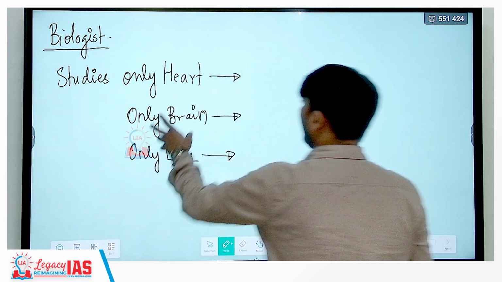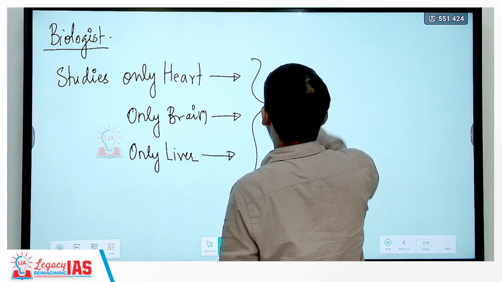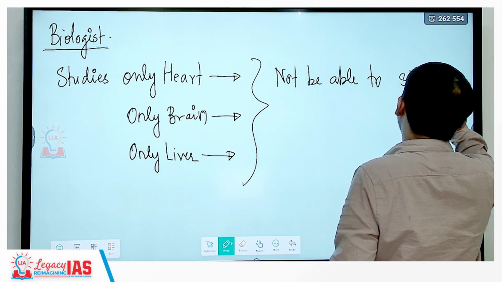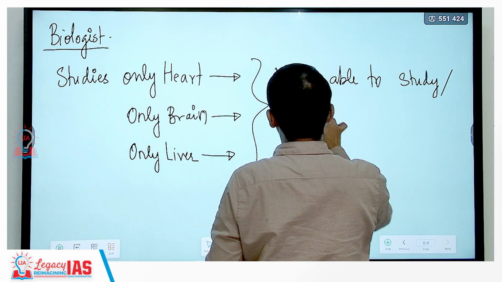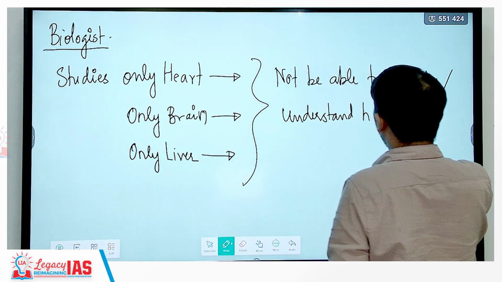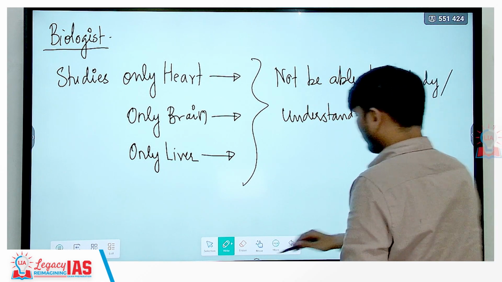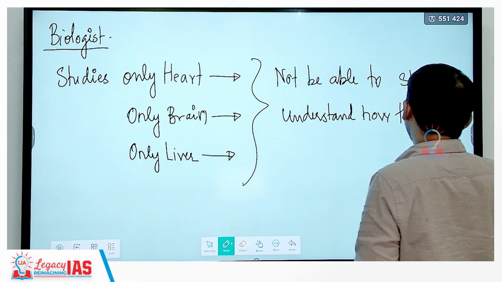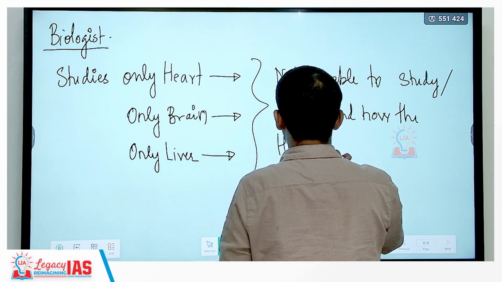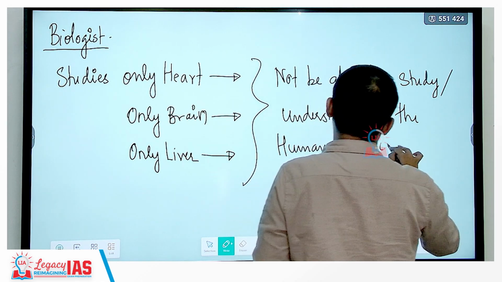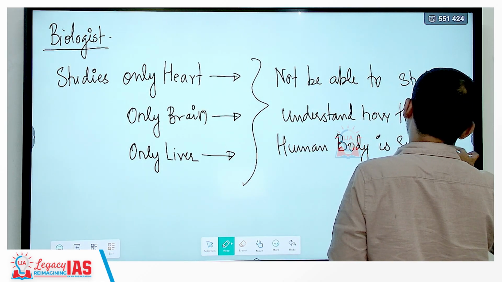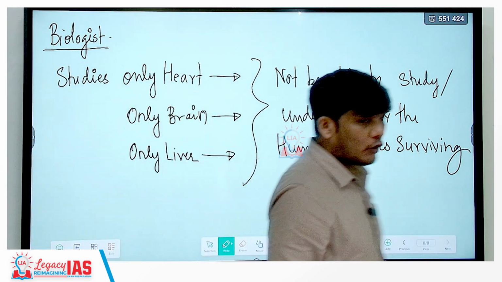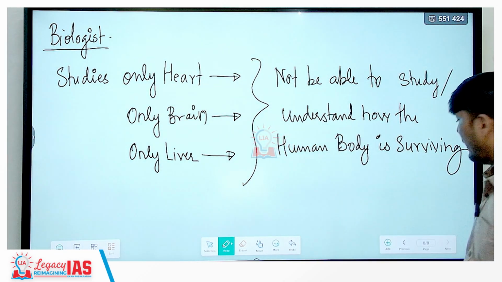If this is studied in isolation, biologists will not be able to understand how the human body is surviving. Correct? So to understand how the human body is surviving, what does the biologist need to do?